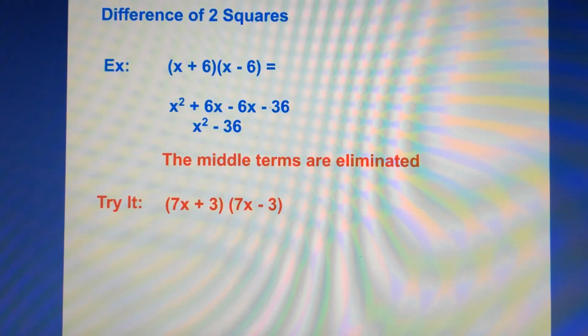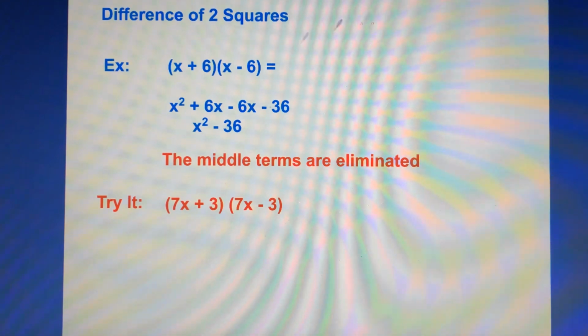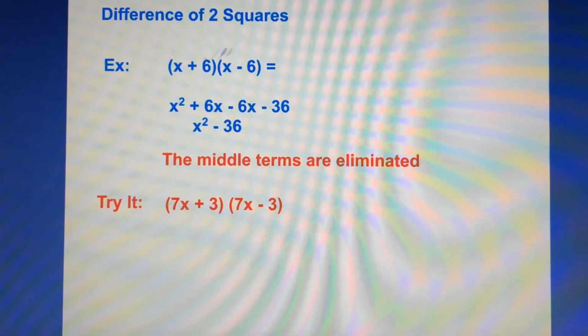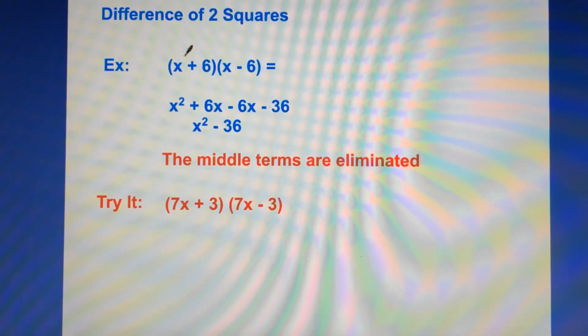Difference of two squares. Huge words that you're going to find on standardized tests. The difference of two squares. All that means is that one was a positive, one was a negative. You're not actually squaring one of them. You're multiplying two binomials. Nothing's changing, everybody.